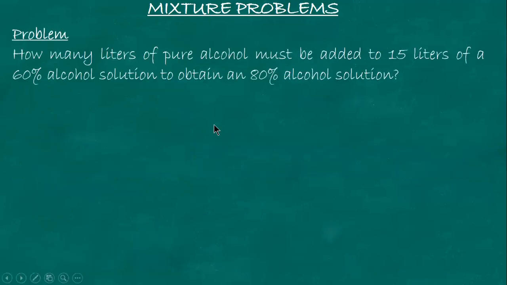Another one. How many liters of pure alcohol must be added to 15 liters of a 60% alcohol solution to obtain an 80% alcohol solution? Note, pure alcohol, not an alcohol solution. Again, draw it. We have the 60% alcohol, and the quantity is 15 liters.